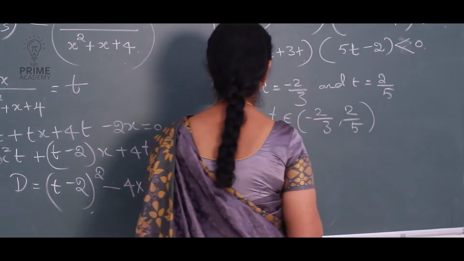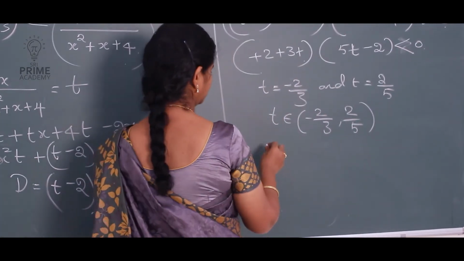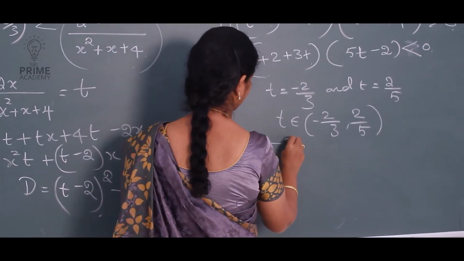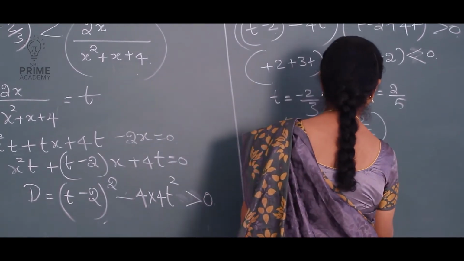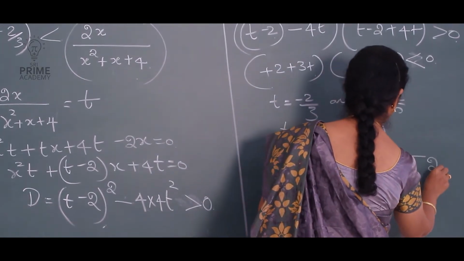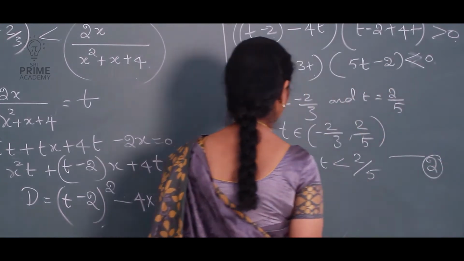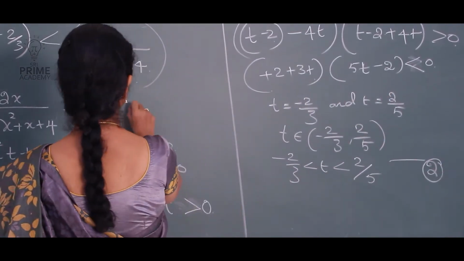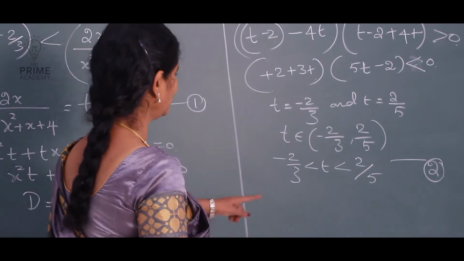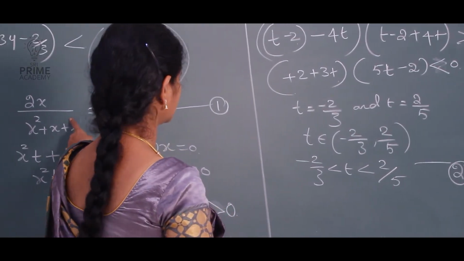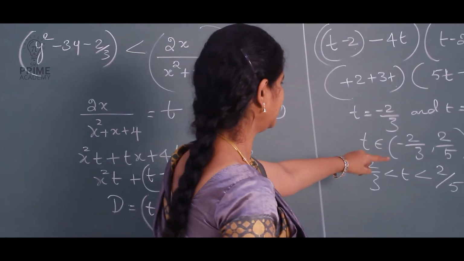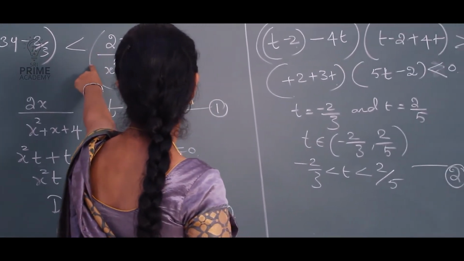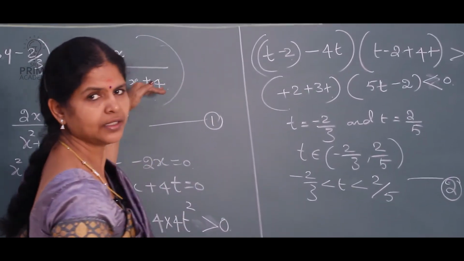Okay, so you write down minus 2 by 3 less than t less than 2 by 5. So you take this number 2, substitute 2 in equation 1. So this expression lies between minus 2 by 3 and 2 by 5. So substitute in the first equation.